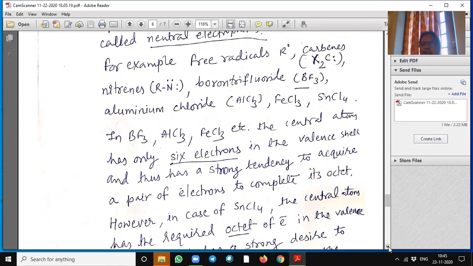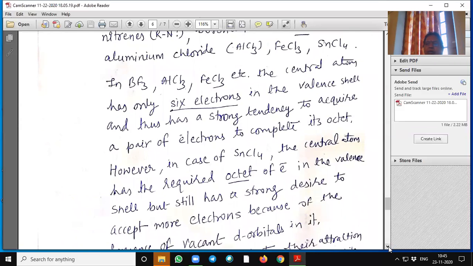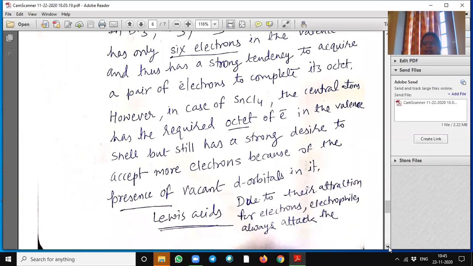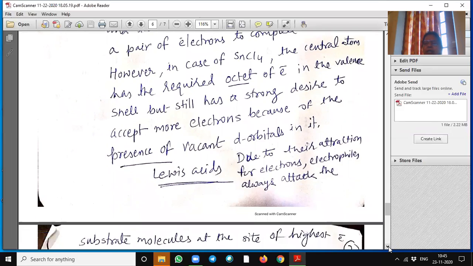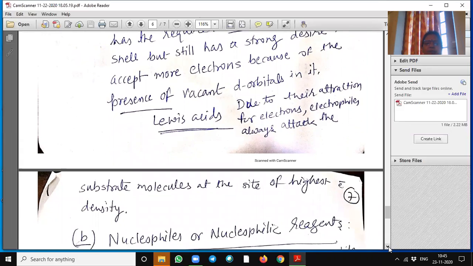However, in case of SiCl4, the central atom has the required octet of electrons in the valence shell, but still has a strong desire to accept more electrons because of the presence of vacant d orbitals in it. Lewis acids, due to their attraction for electrons, are called electrophiles, and always attack substrate molecules at the site of the highest electron density.